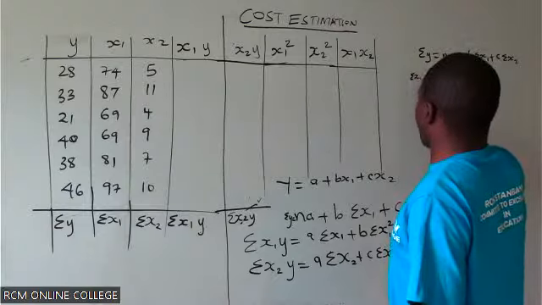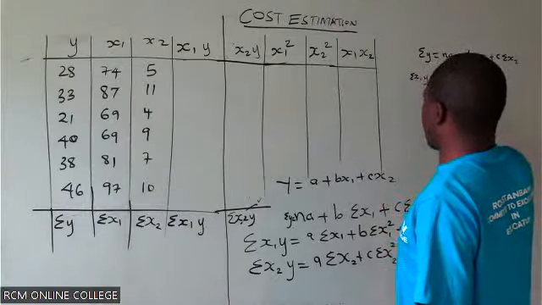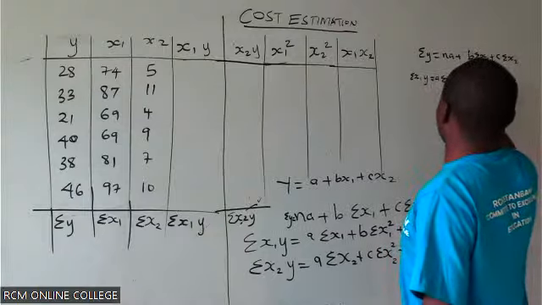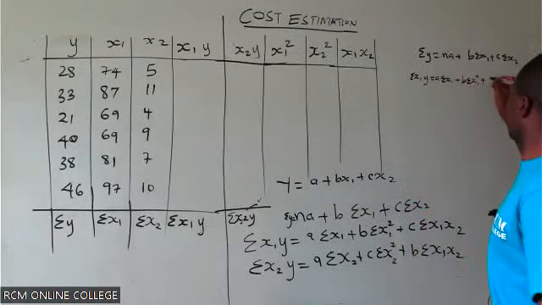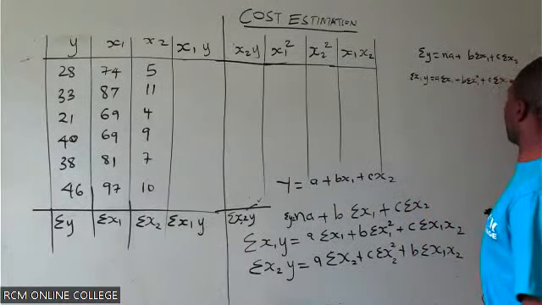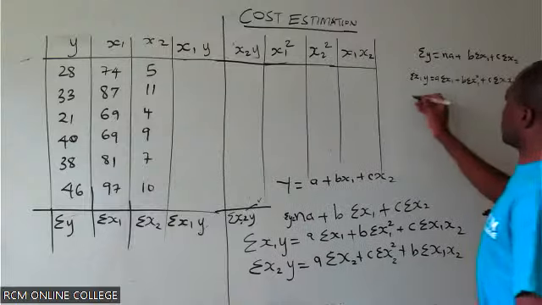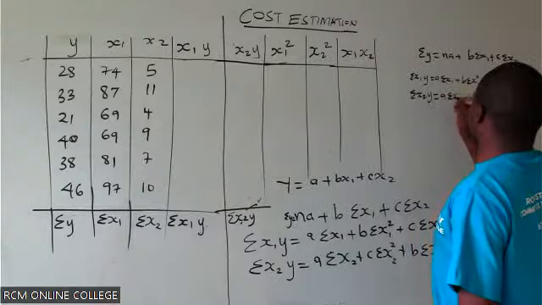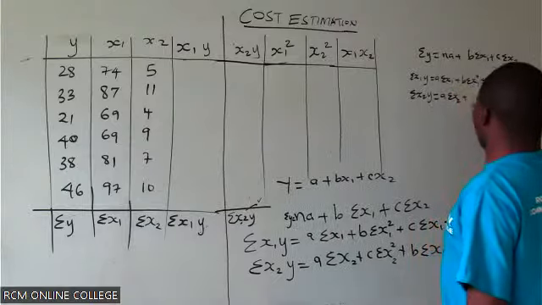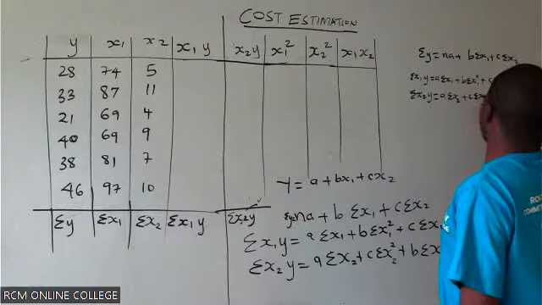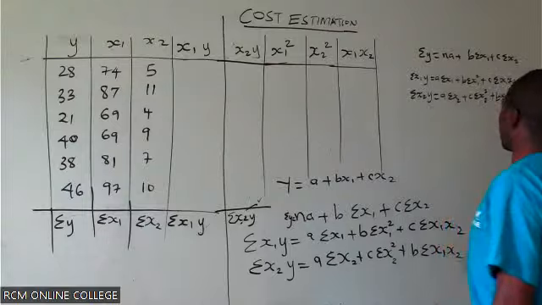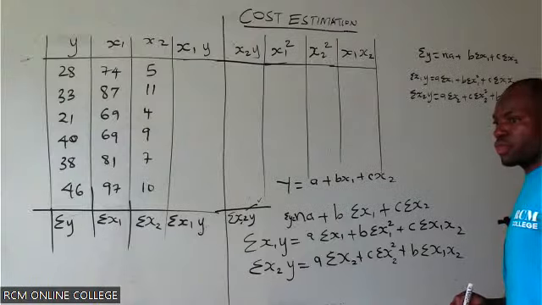Summation of X1Y is equal to A, summation of X1 plus B, summation of X1 squared plus C, summation of X1, X2. Summation of X2Y is equal to A, summation of X2 plus C, summation of X2 squared plus B, summation of X1, X2. That is what we need to have.